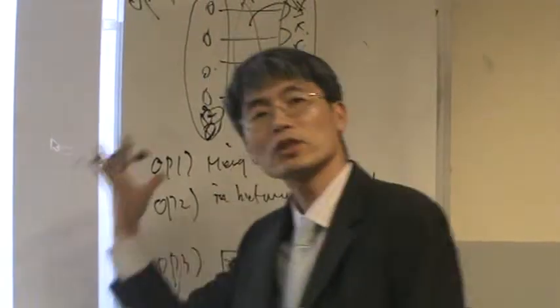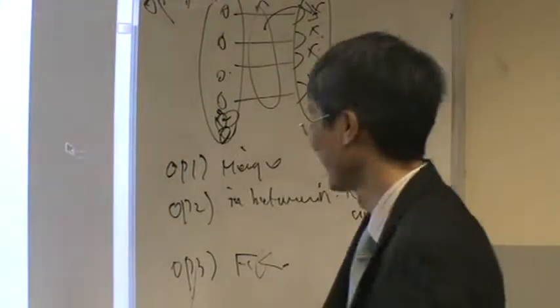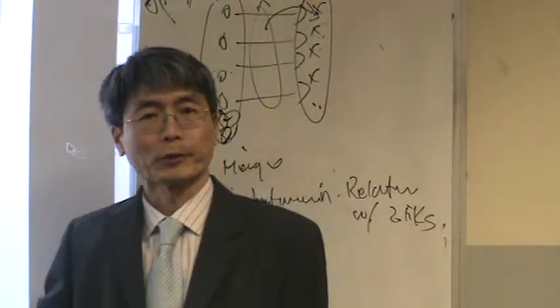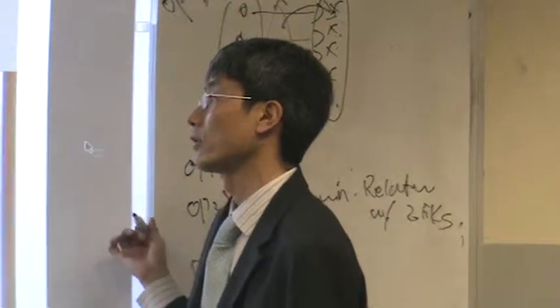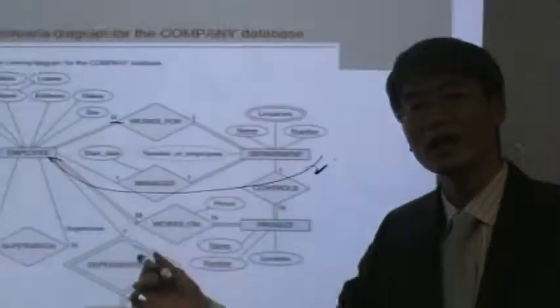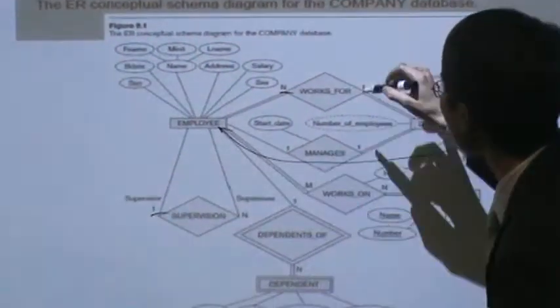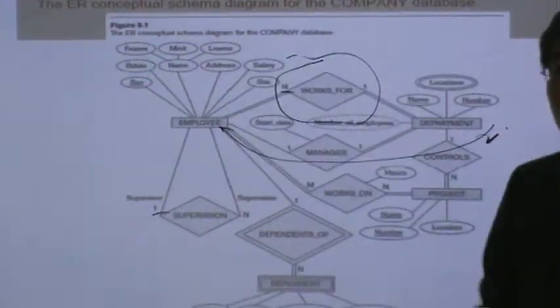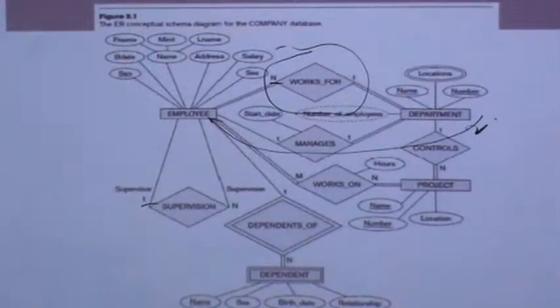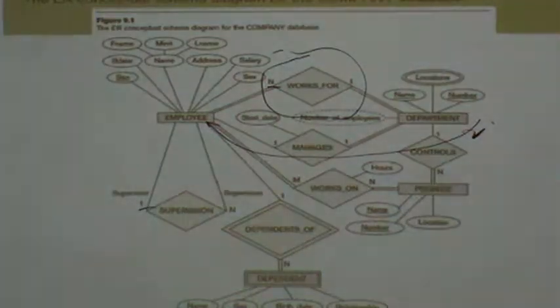In this example, which one is the best choice? Third one, because I used that. It depends, okay? Also, it depends on the real case. But in this case, we'd better use this one. Why? First, we have another relationship. So that's not possible to merge, right? Merge is not possible.